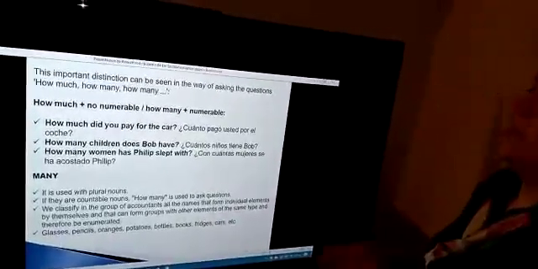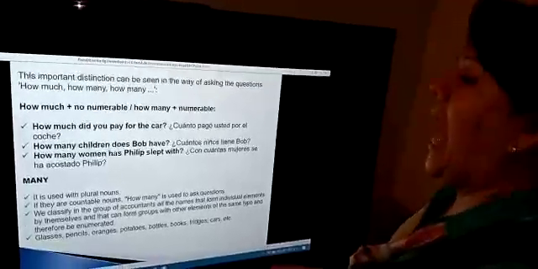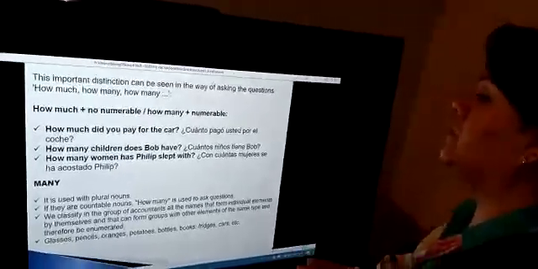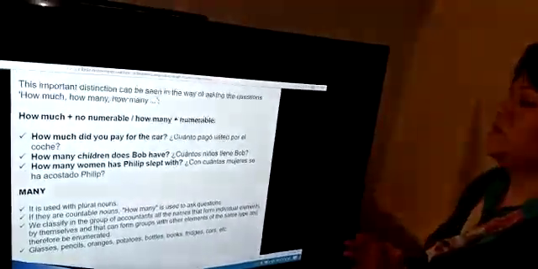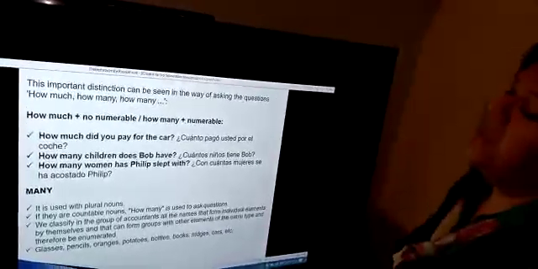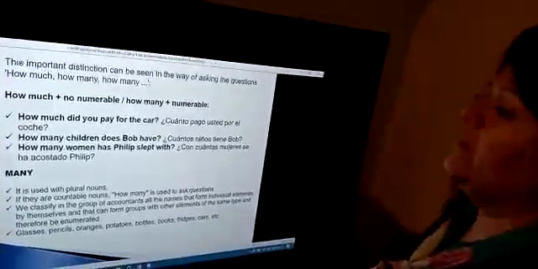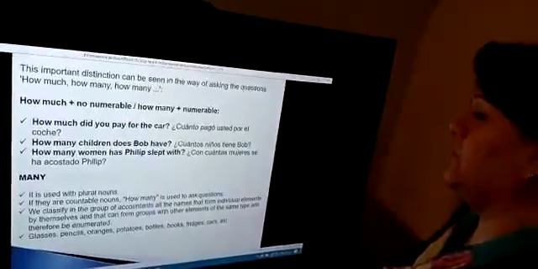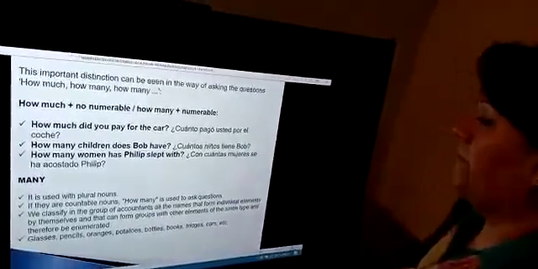Okay? And the next question says, how many children does Bob have? In Spanish, ¿cuántos niños tiene Bob? Next example question: how many women has Phil slept with?